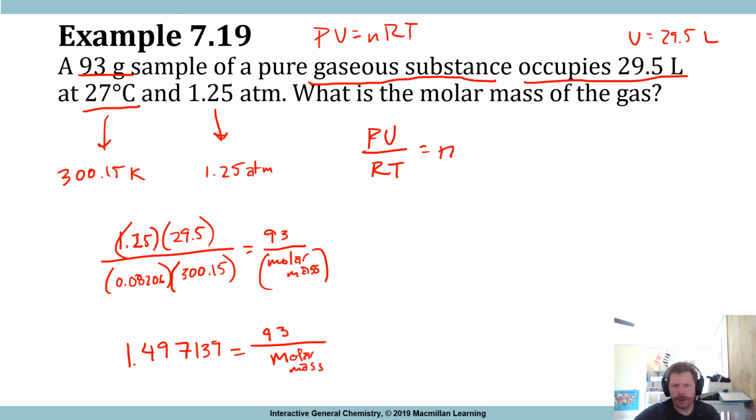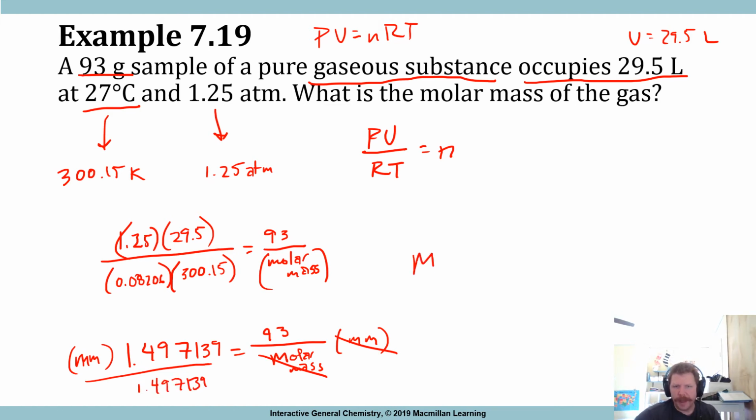So now I divide molar mass. I'm going to write it shorthand as MM. I multiply that by both sides, and then I divide by 1.497139.